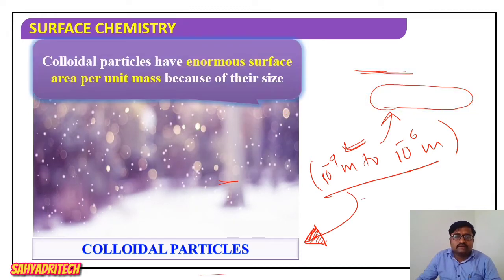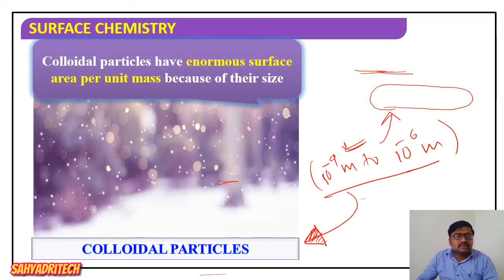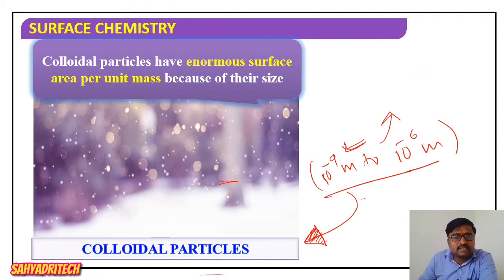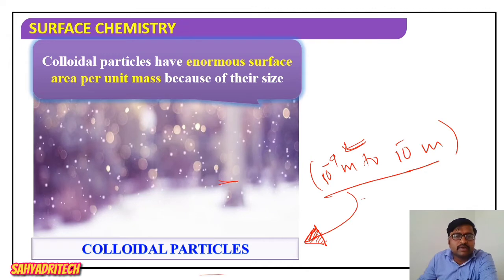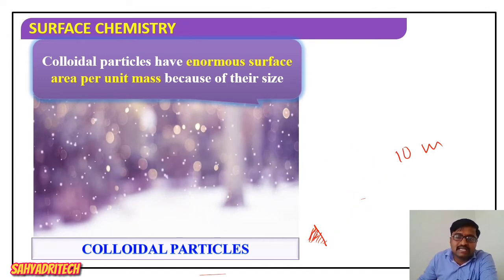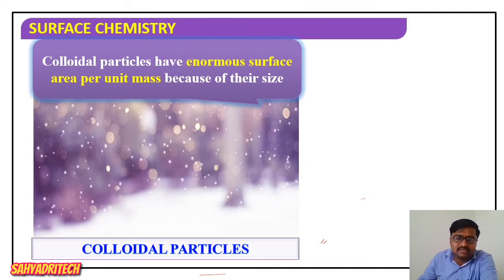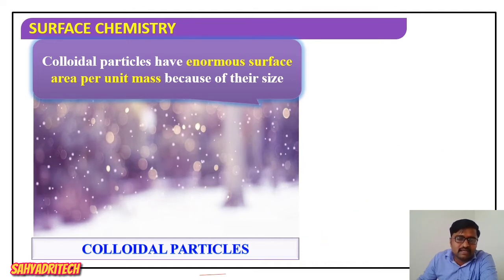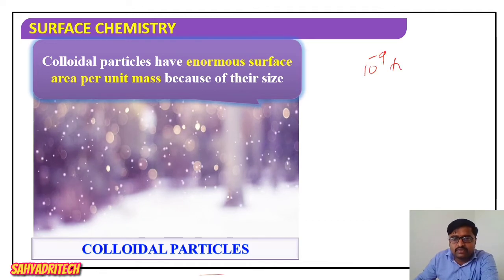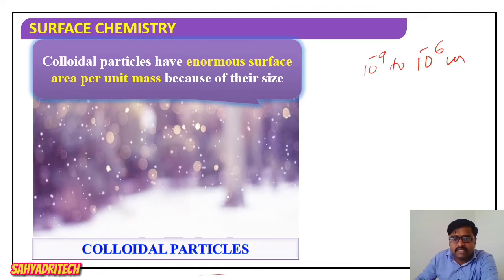Now if we consider colloidal particles, they have enormous surface area per unit mass because of their size. The size is very small, in the range of 10 raised to minus 9 to 10 raised to minus 6 meter.